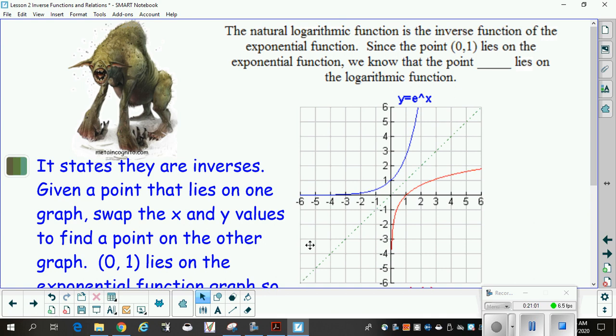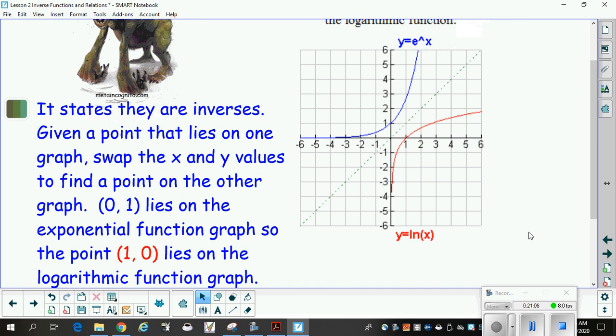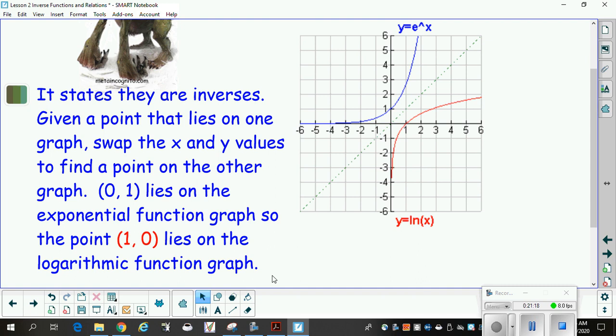Given a point that lies on the graph, swap the x and y values, and you know which point lies on the inverse graph. So 0, 1 lies on the exponential function graph, so 1, 0 lies on the logarithmic function graph. 0, 1, 1, 0. Boom, boom.